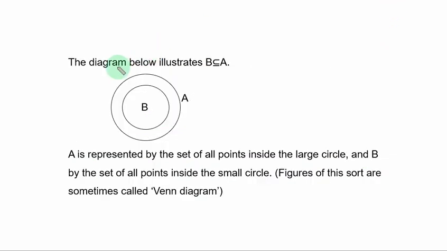The diagram below illustrates B is a subset of A. You can see that all the elements in set B are inside set A, the larger circle. A is represented by the set of all points inside the large circle, and B by the set of all points inside the small circle.